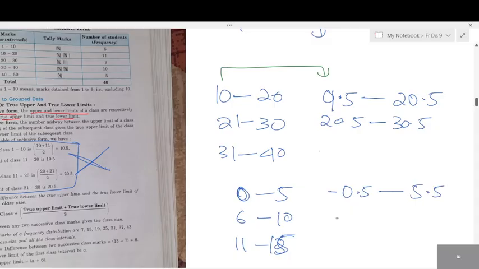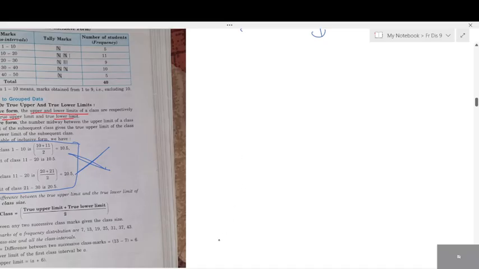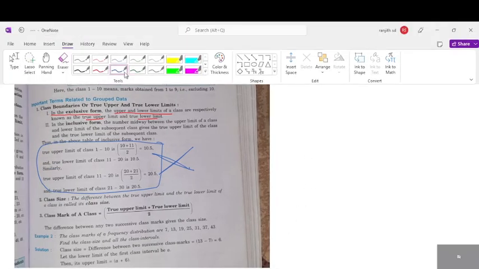Next, for 6, what will you write? For 6, 5.5 to 10.5. If you're getting confused, just repeat this. After 10.5 continuous, you get 10.5 to 15.5. Right? So ignore the formula what they've given. Remember this conversion. That is known as true upper limit and true lower limit.